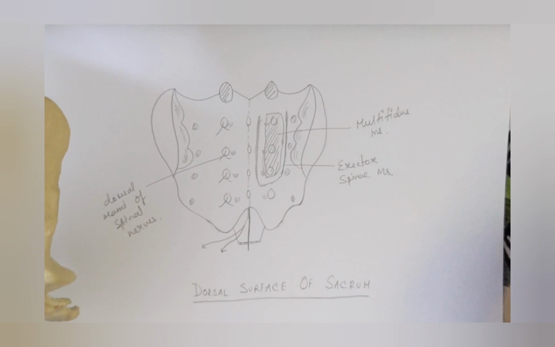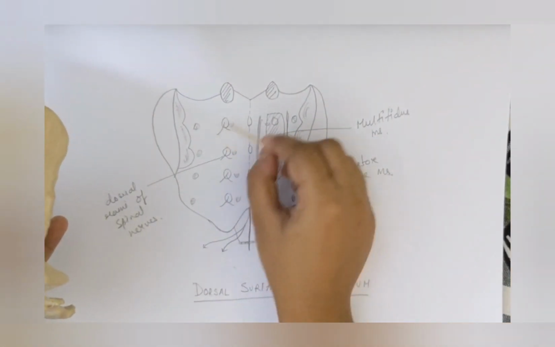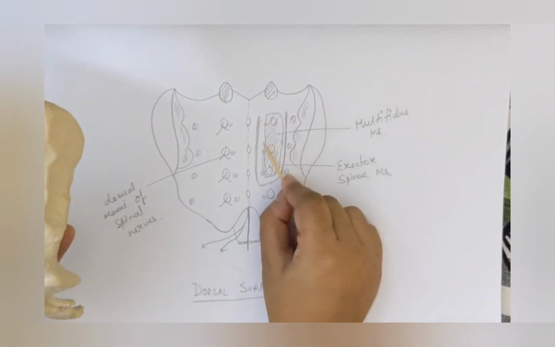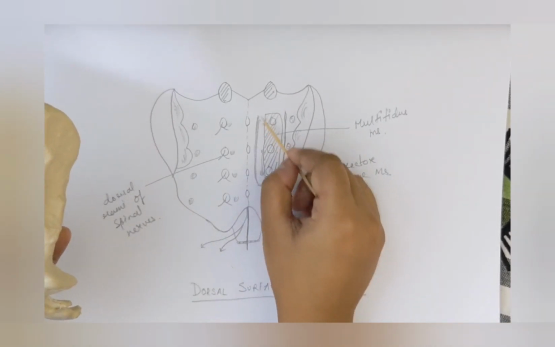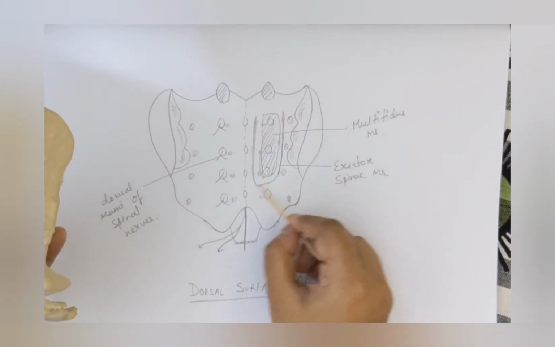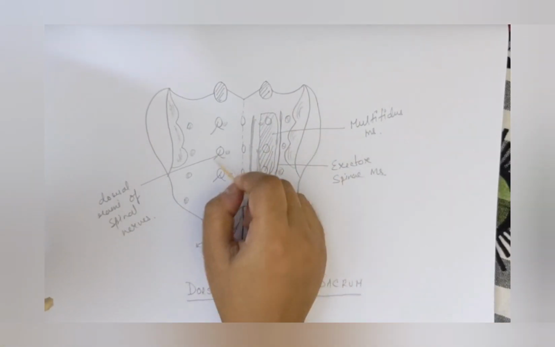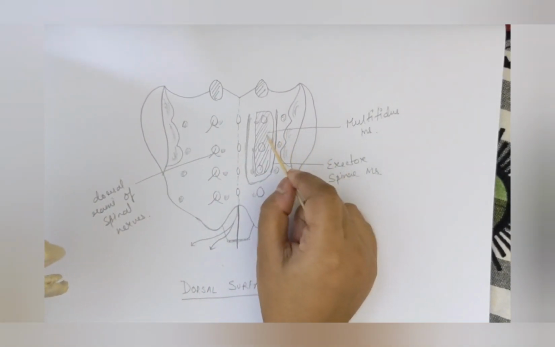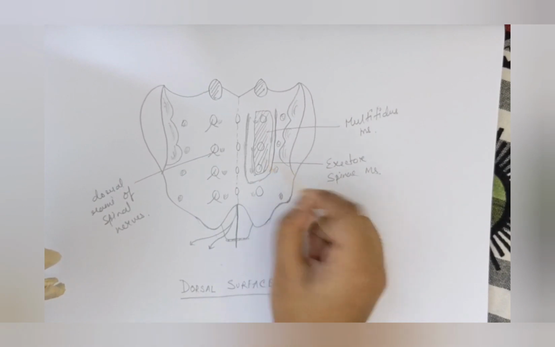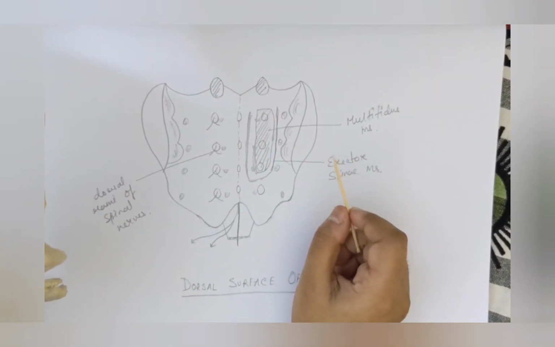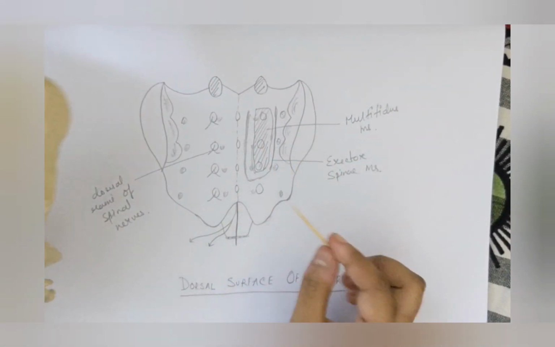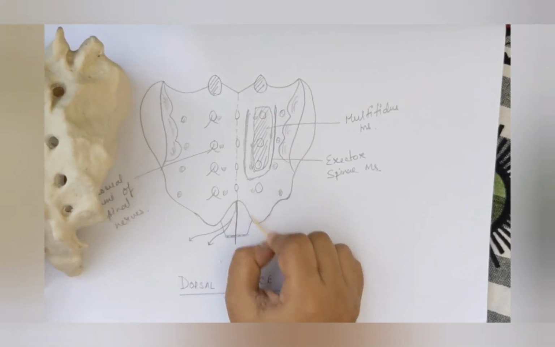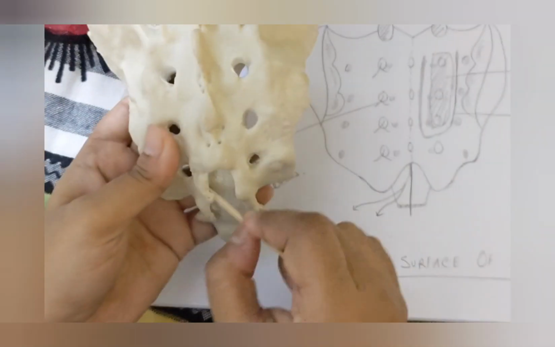And these foramina are covered on both sides by the multifidus muscle, and here is the erector spinae muscle. So, for coming out, the rami of the spinal nerves have to pierce both these muscles and then emerge outward.